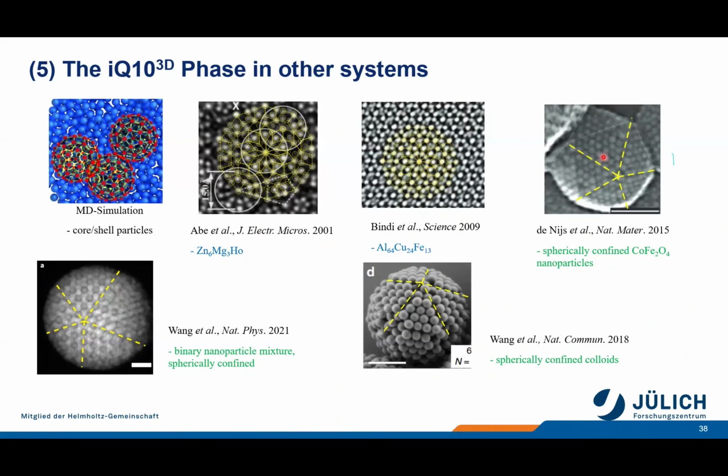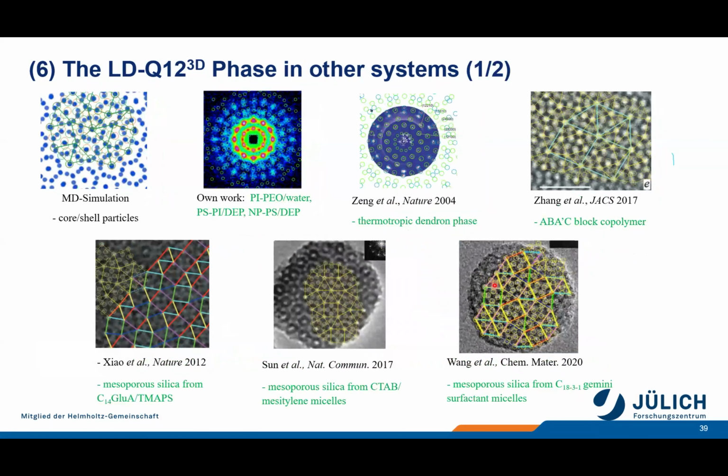This is nanoparticles confined in spherical emulsion droplets, a binary nanoparticle mixture, so non-metallic, and also simple spherically confined colloids form the same icosahedral quasicrystals. So also here, it seems just packing, not a really special thing of metal alloys.